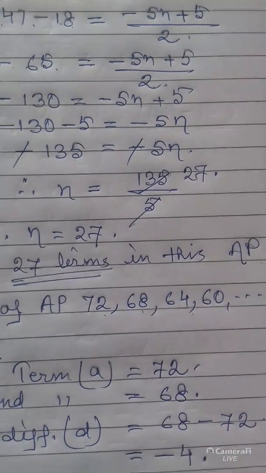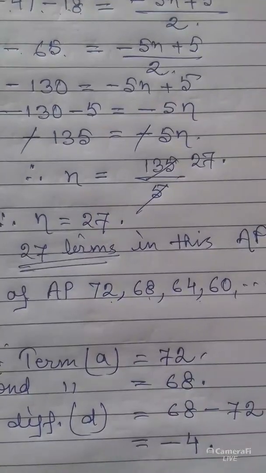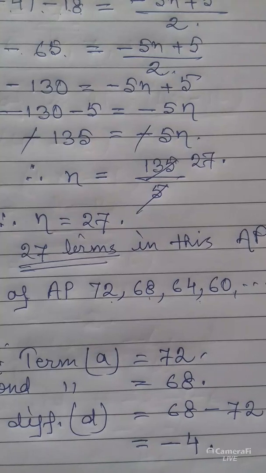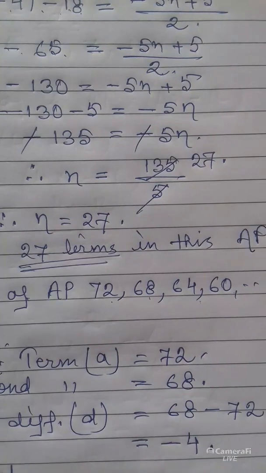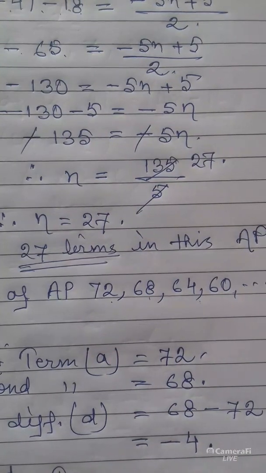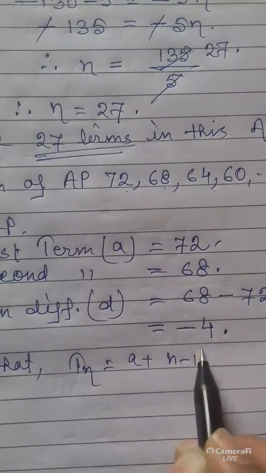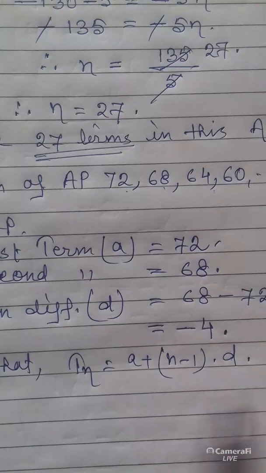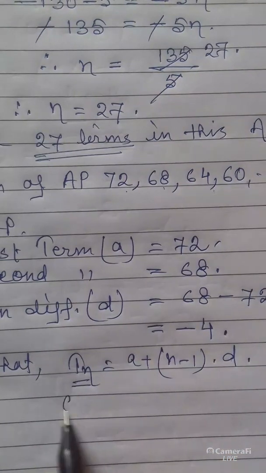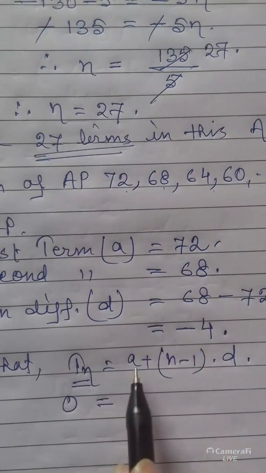Now which term of the AP 72, 68, 64, 60 is equal to 0? Means Tn equal to 0. Now we know that Tn equal to A plus n minus 1 into d. Here Tn equal to 0, the nth term is 0.